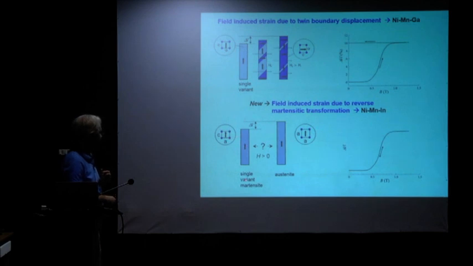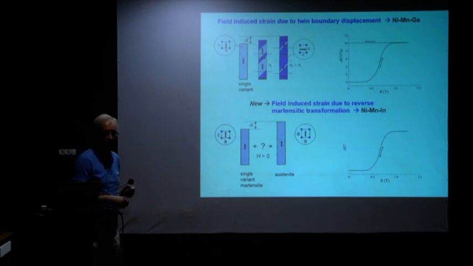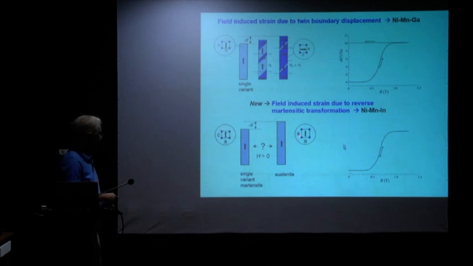And when we apply a magnetic field to a supposedly single variant state, we are putting the thing into a new state. We're not growing variants or anything like that. We're coming from a tetragonal to a cubic state.